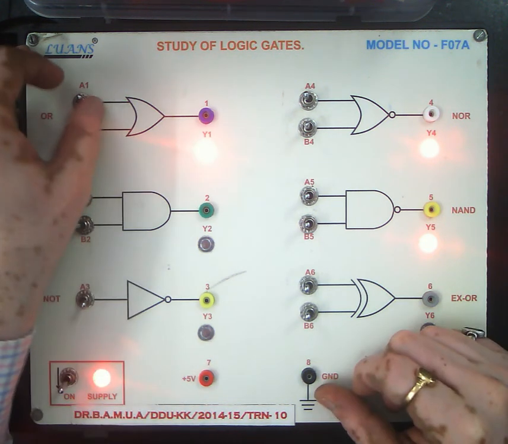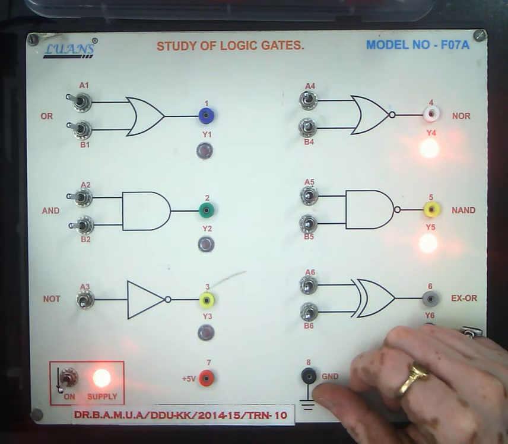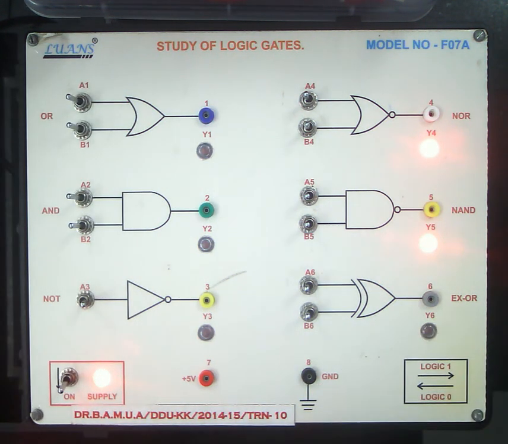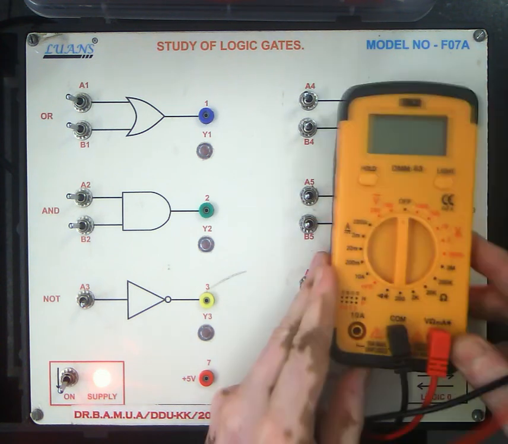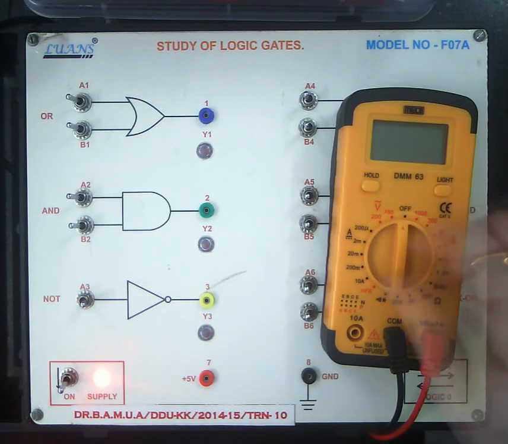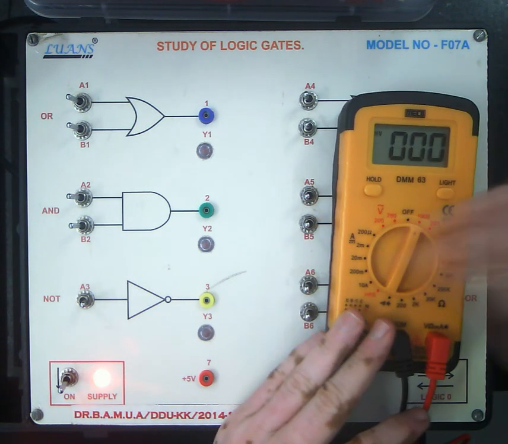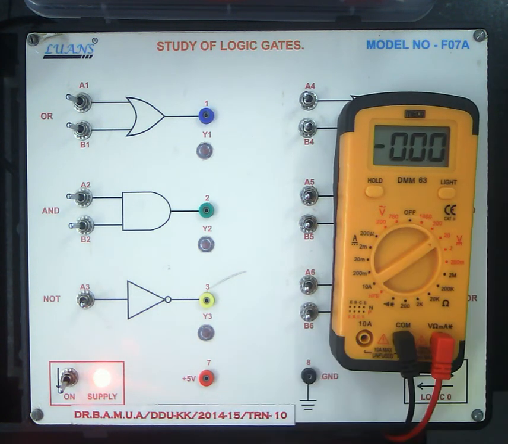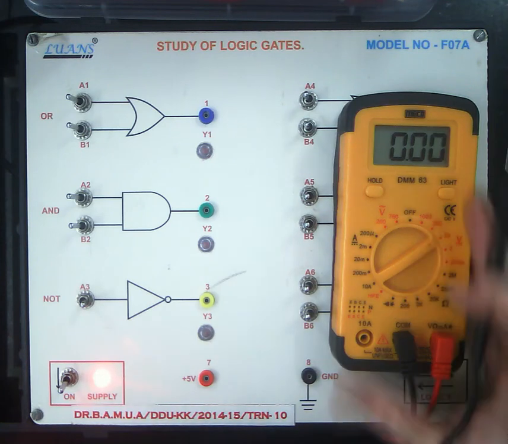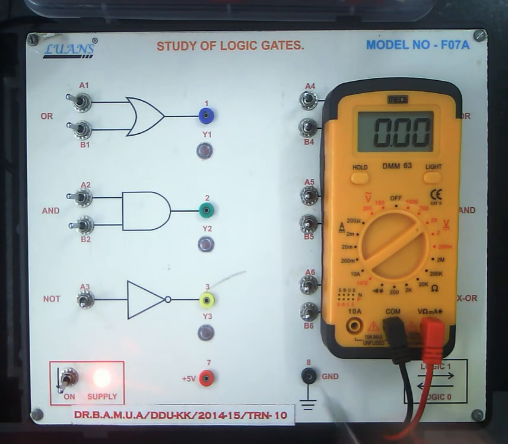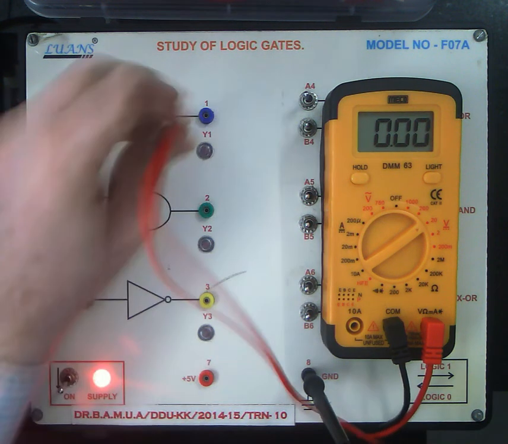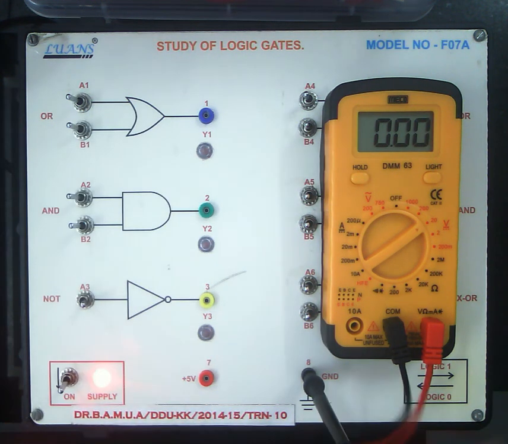Now another interesting point that we would like to see here is what is actually the voltage at the output. This is getting high. Does that mean that it is essentially at 5 volt? Because whenever we are talking of a logic high, we call it 5 volt. Okay, so this is a ground, and this is the ground where I have connected my voltmeter.